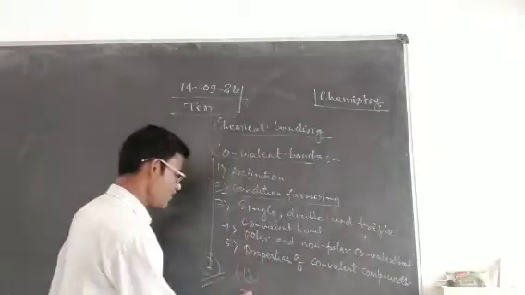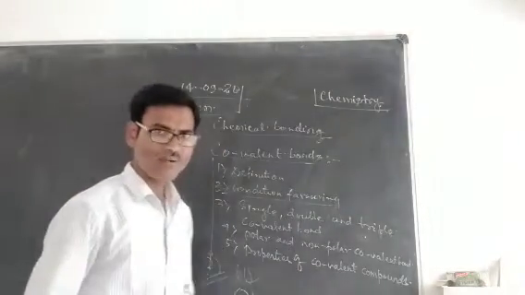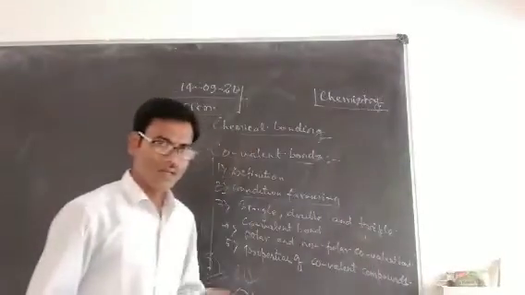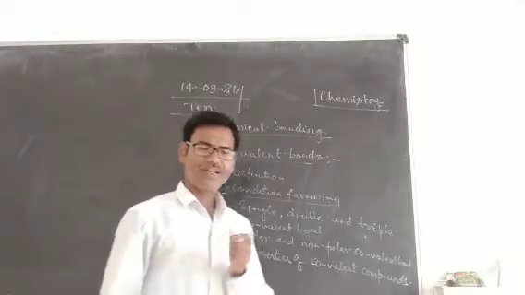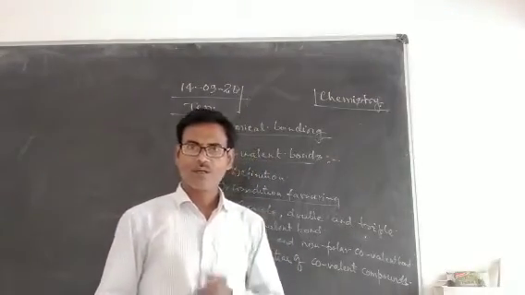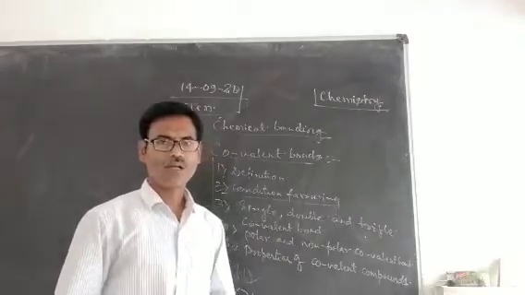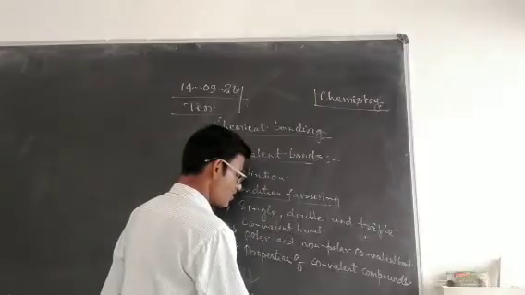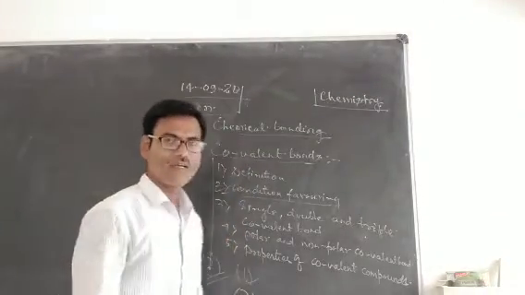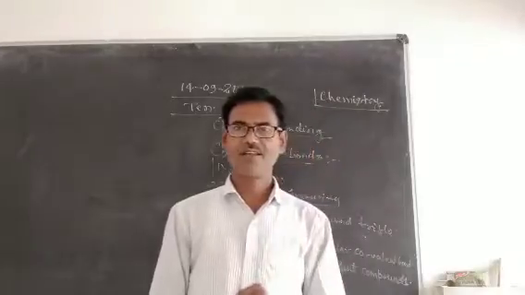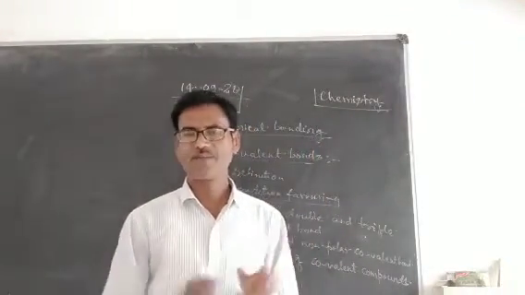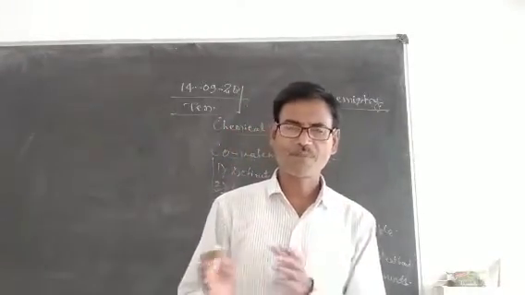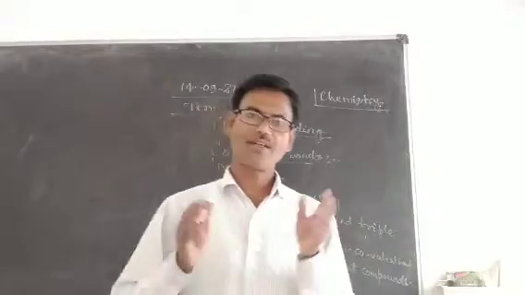The second condition is in terms of valence shell configuration of the two participating atoms. If the atoms involved in the chemical bond have 4, 5 or 6 electrons in the valence shell, then there is a probability of formation of a covalent bond by sharing of electrons.